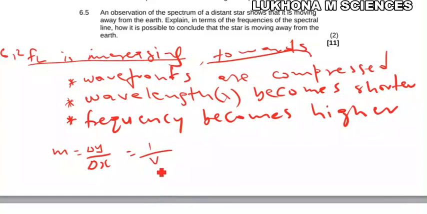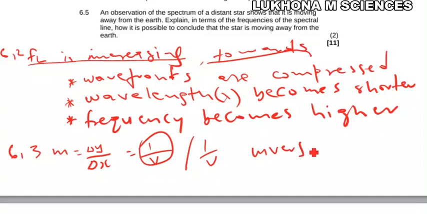No need to go to the formula. We have 1 over v, that is the answer: the inverse of the speed. Inverse of the speed of what? Of a listener.